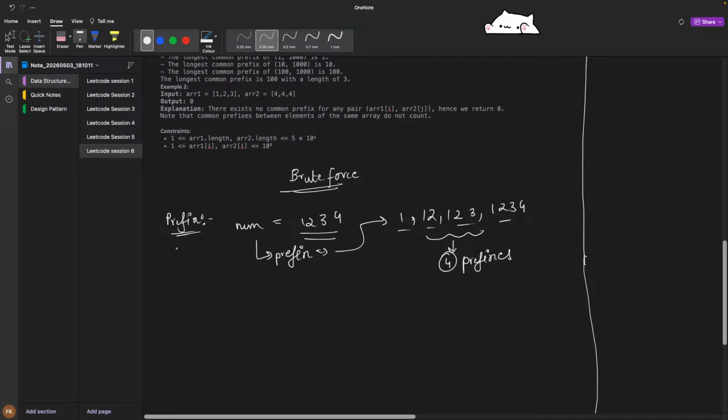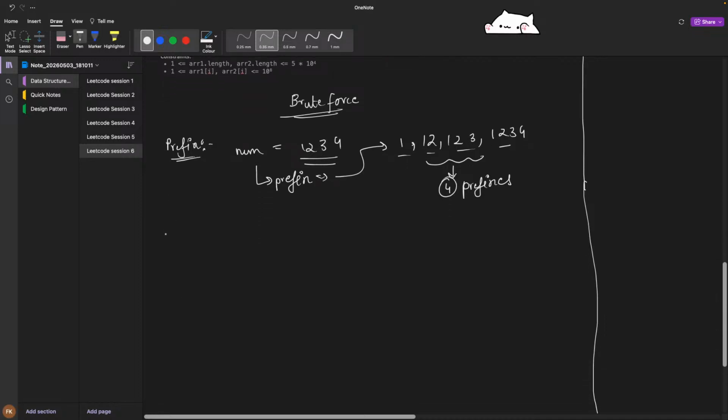This question has given us two arrays, ARR1, for example 1, 10, 100, and ARR2 of 1000, 100, 1001 and 10.